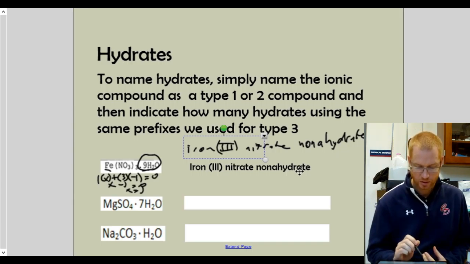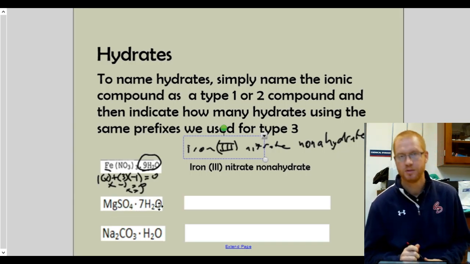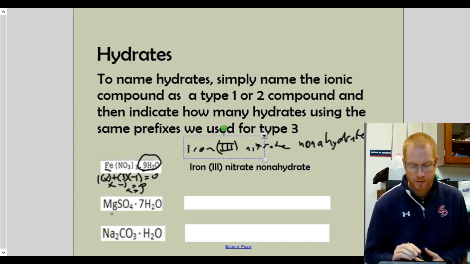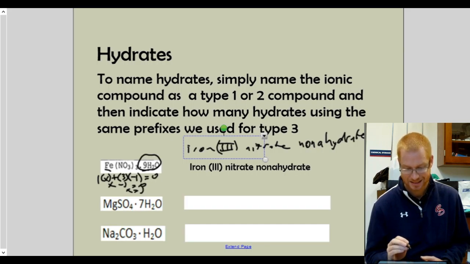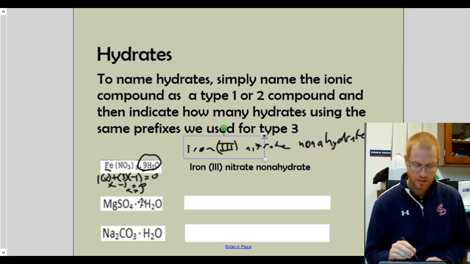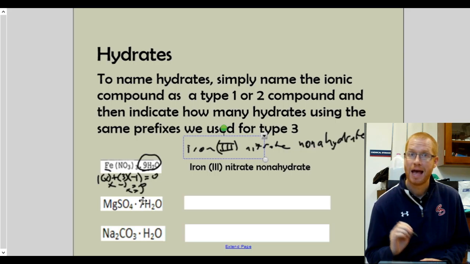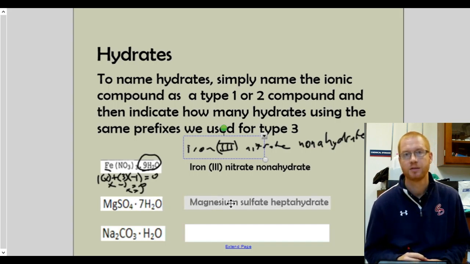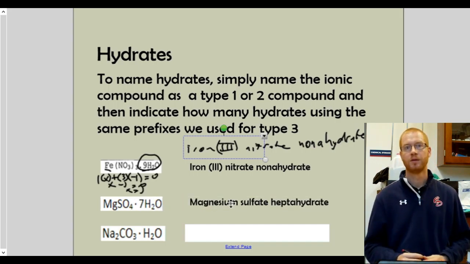All right, let's look at another one. MgSO4 and 7H2O. Mg, type 1 cation, so magnesium sulfate. And then 7 is hepta. So magnesium sulfate heptahydrate is the name of that compound.